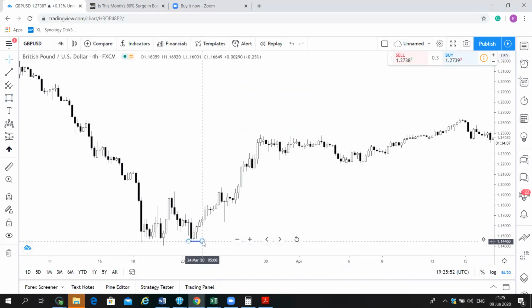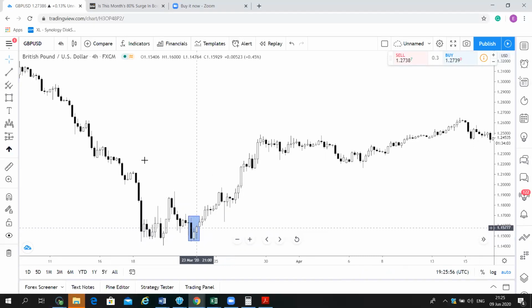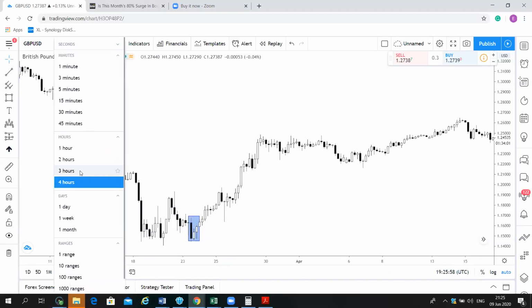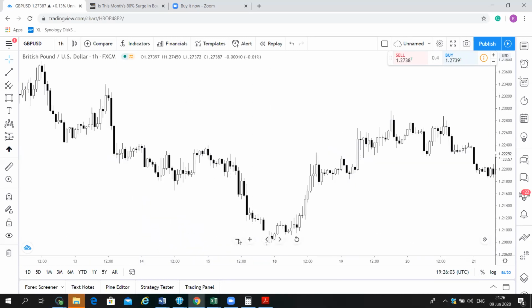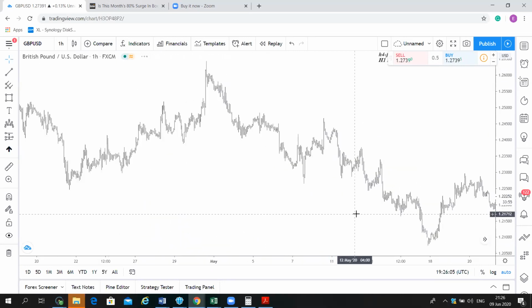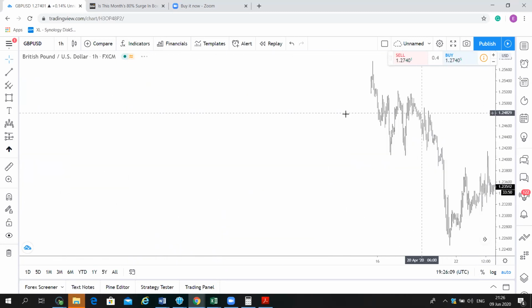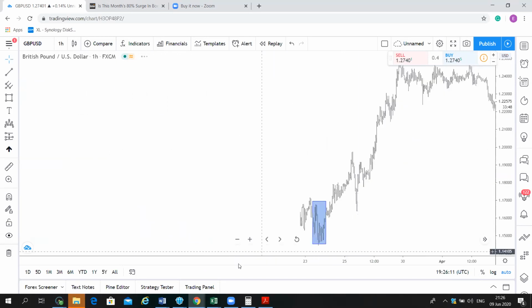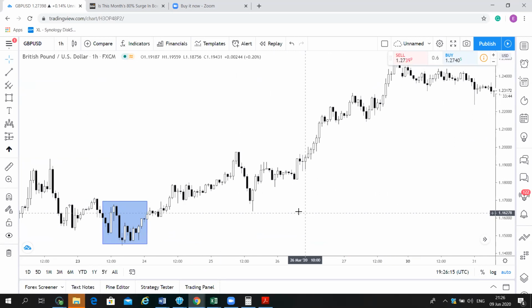No. You have to wait for a candle formation. On that candle formation, go to a 1 hour chart. Try to support yourself, try to find evidence that, you know what, I can enter the trade right now.